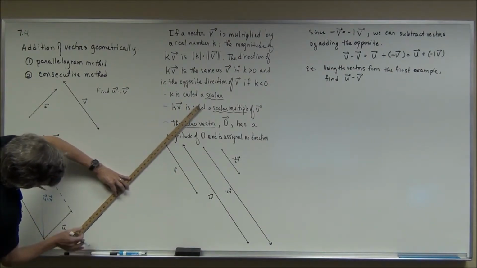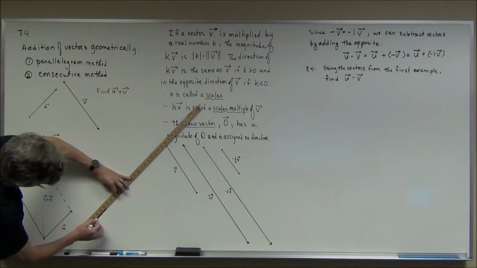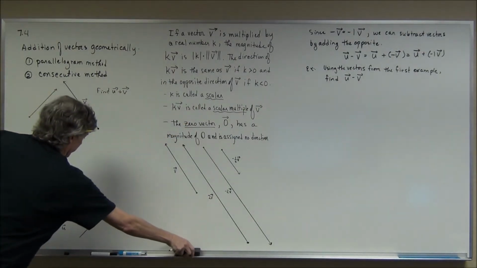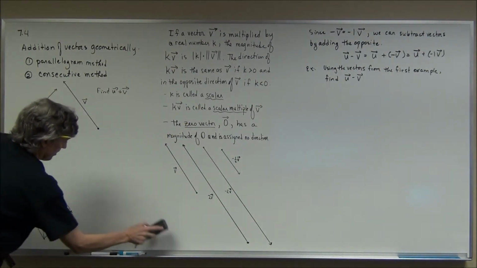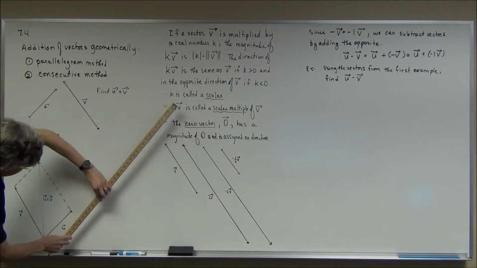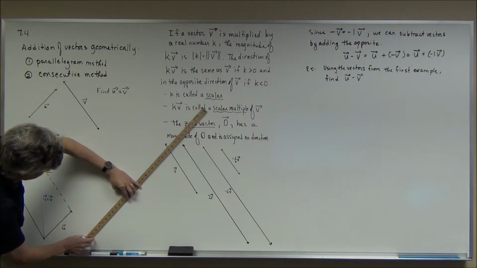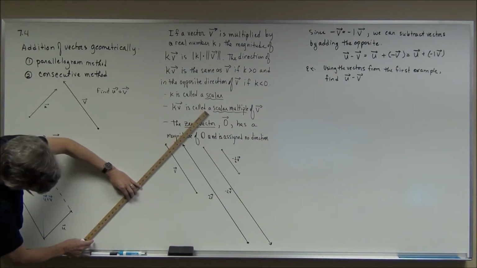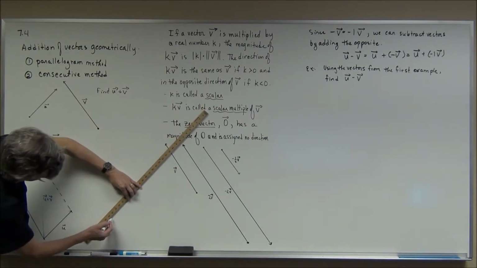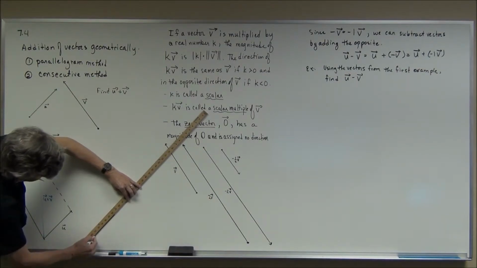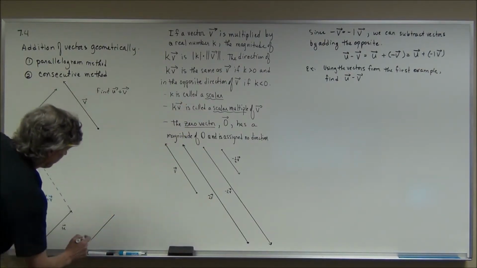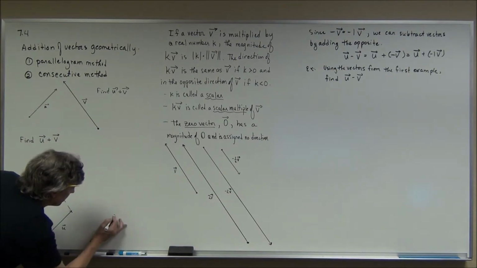My pen didn't mark properly. There we go. Well, that's not much better. Let's try it again. The better you draw these, the more likely it is that your answer will be in the ballpark. Alright, so from 8 down to here, I think it's slipped. Here's vector u.